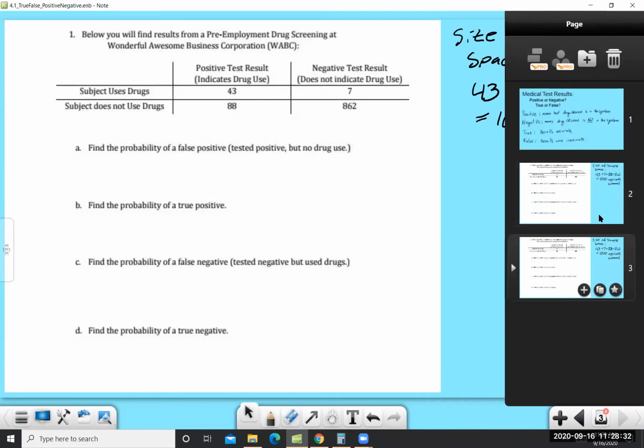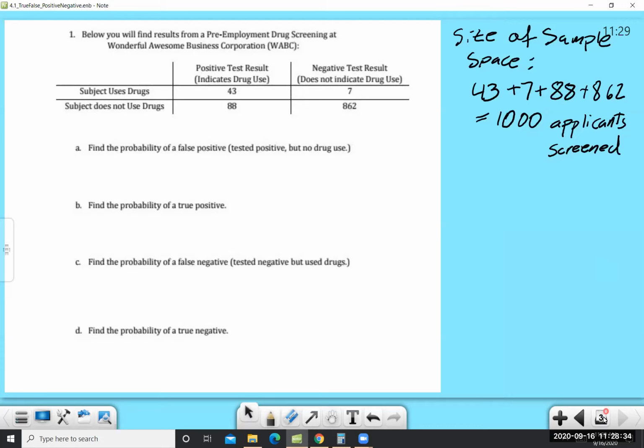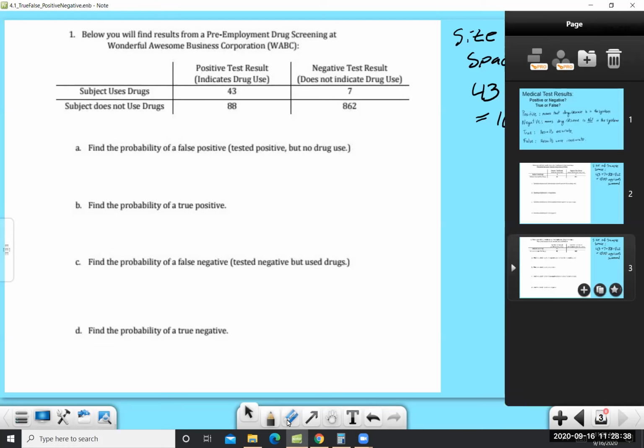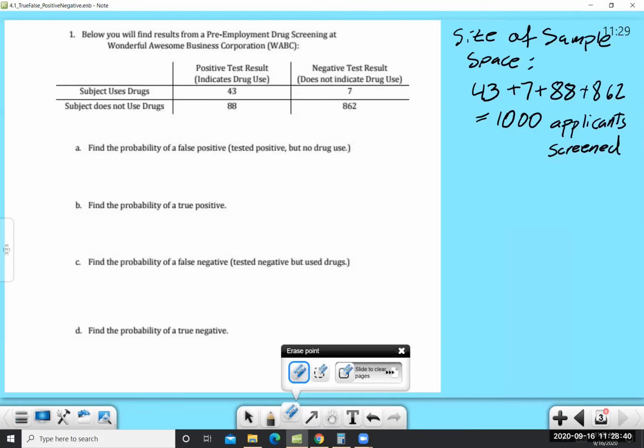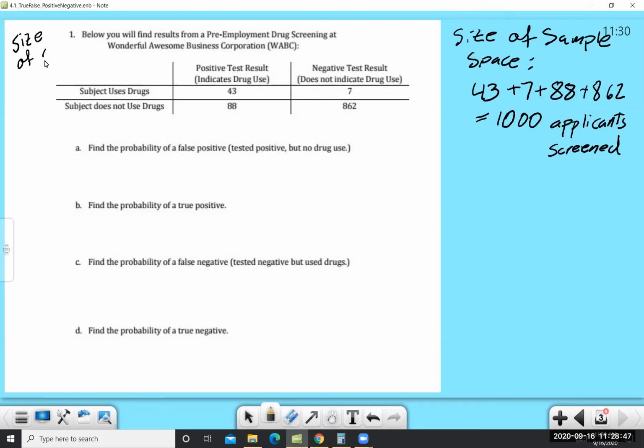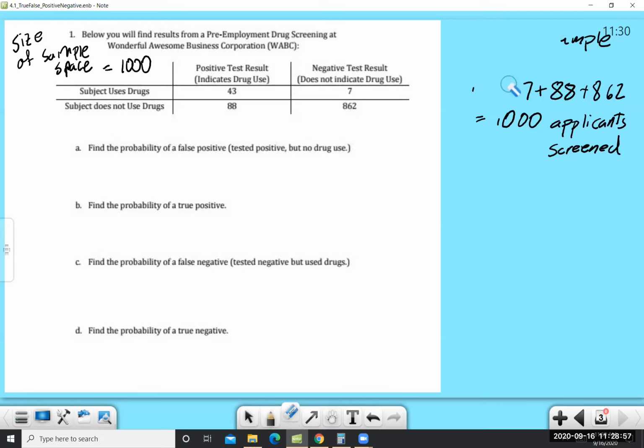And now let's take a look at answering some of these questions. The first thing we want to know is the probability of a false positive. So I'm just going to write it over here, size of sample space, and that was 1,000. So the size of the sample space is 1,000 applicants.